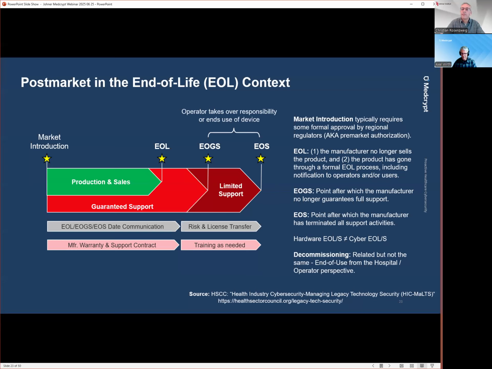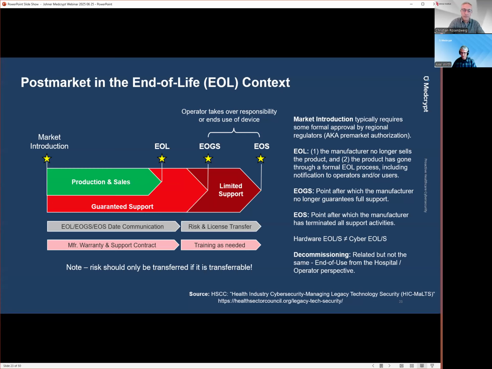So again, at some point between end of guaranteed support and end of support, the operator either takes over the responsibility for cybersecurity or ends use of the device and replaces it. And that is driven by economic considerations, by practical considerations and security risk considerations. And then also, of course, risk should only be transferred if it is transferable, right?